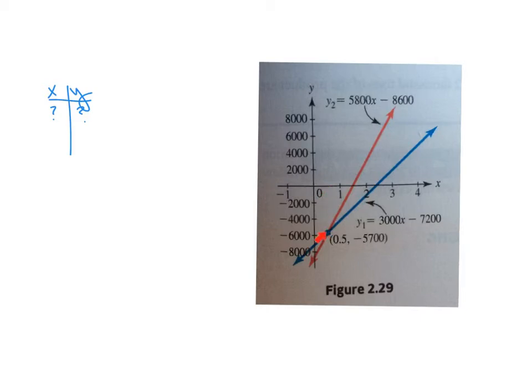And that part right there is the solution. If we put 0.5 in here for x, negative 5,700 in here for y, this will be a true statement. Take these same numbers and put them in here, and it will also be a true statement. If that's the case, then you just found the solution for the system of equations.